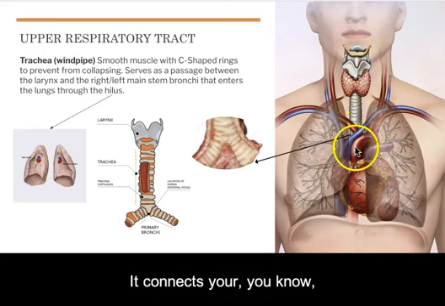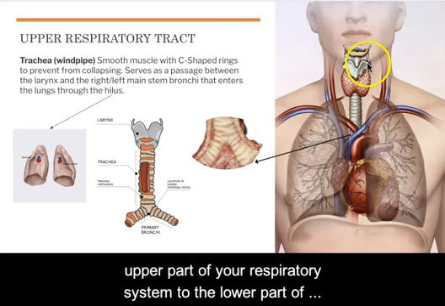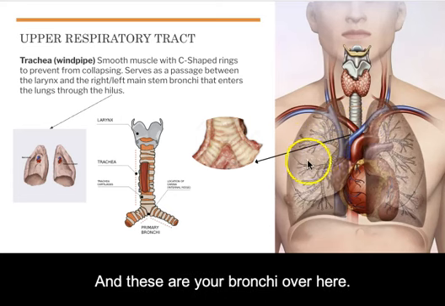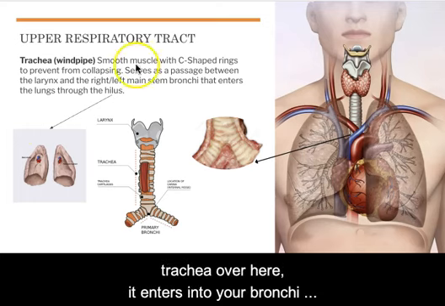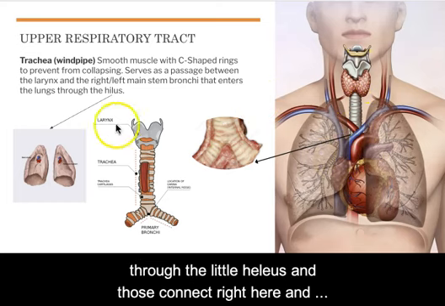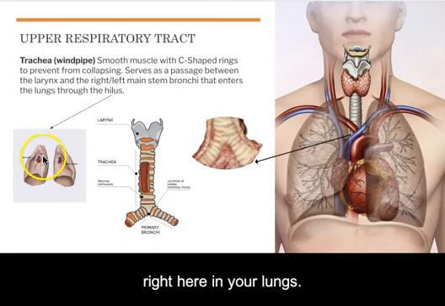That's the trachea. It connects the upper part of your respiratory system to the lower part of your respiratory system. And these are your bronchi over here. It enters into your bronchi through the little hilus, and those connect right here and right here in your lungs.